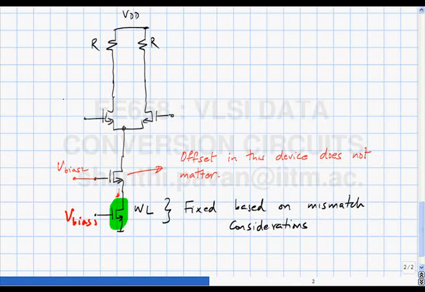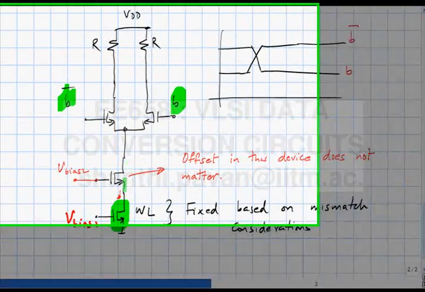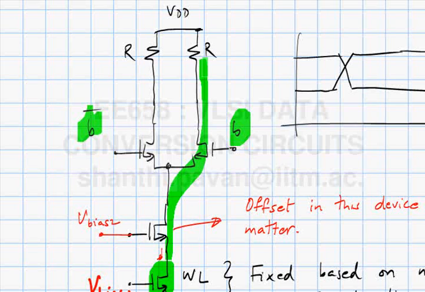So this is B bar and this is B, and when you want to switch, basically what happens is that, okay, so clearly when one of the gates is much larger than the other, all the current is steered through like this. On the other hand, if the opposite happens, all the current is steered through like this.